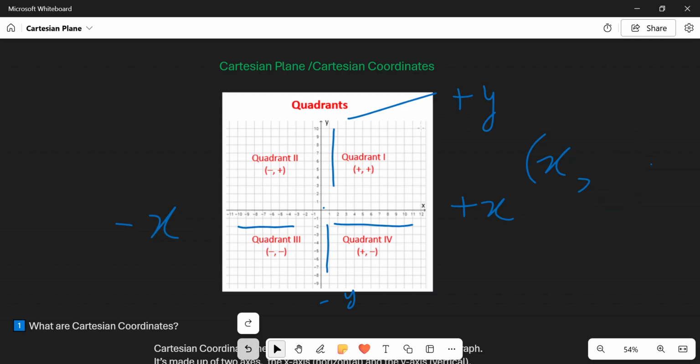Let's check how to plot points on the graph.